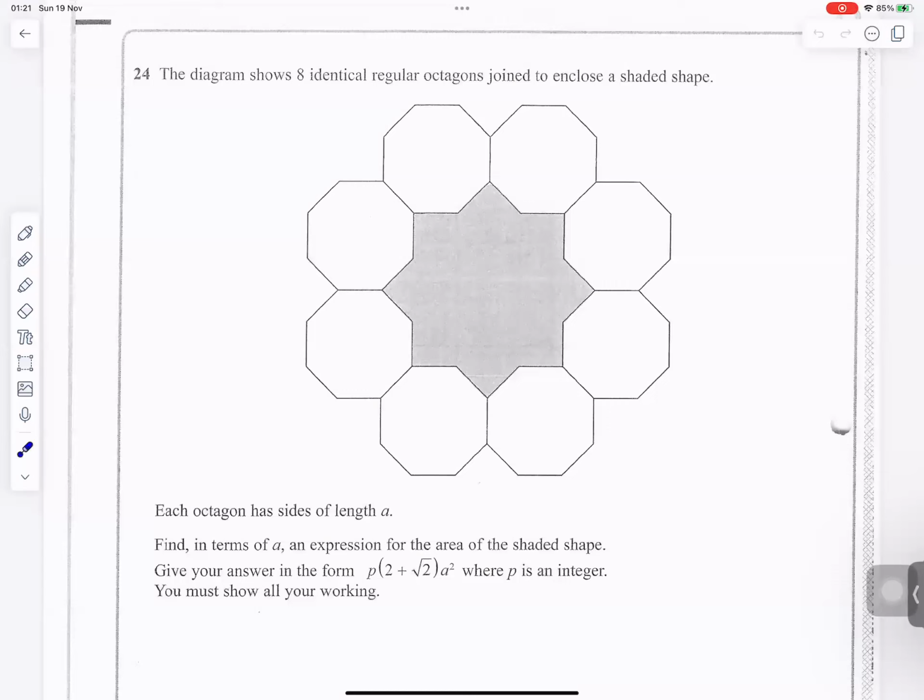Question 24. The diagram shows 8 identical regular octagons joined to enclose a shaded shape. Each octagon has length A. Find in terms of A an expression for the area of the shaded shape. Give your answer in that form.